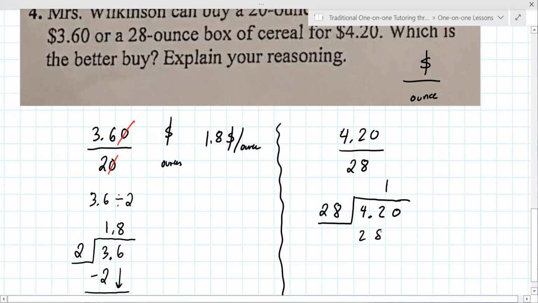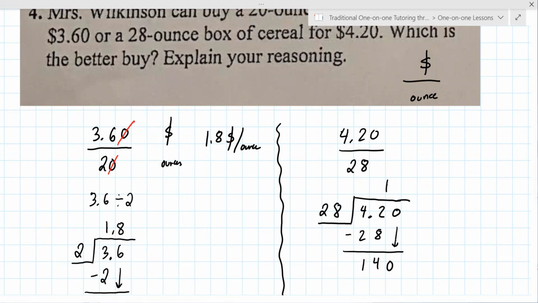So 1 times 28 is 28. 42 minus 28 is 14. Bring the 0 down. And then believe it or not, it actually goes in really nicely here. 5 times 28 is 140.